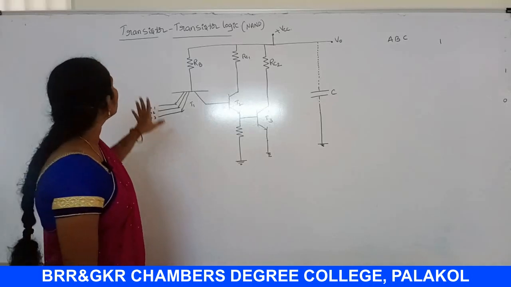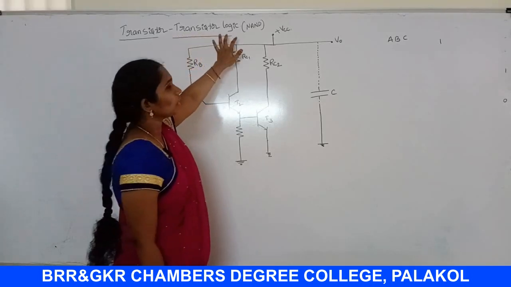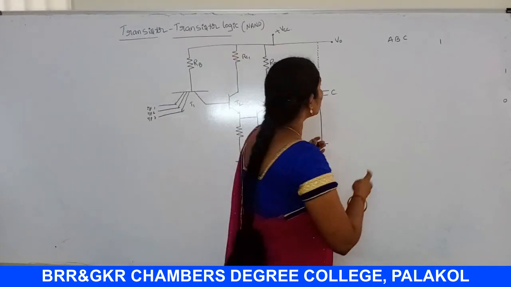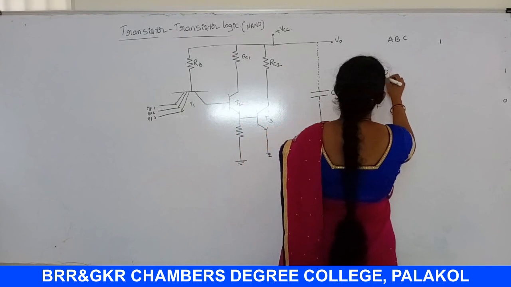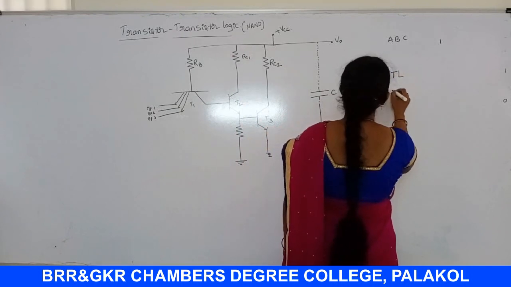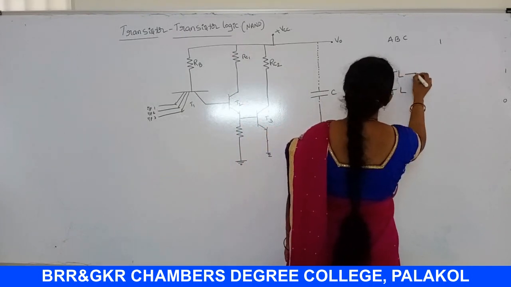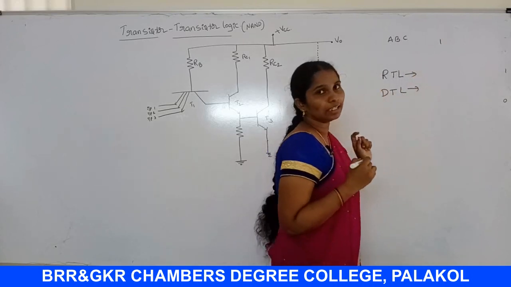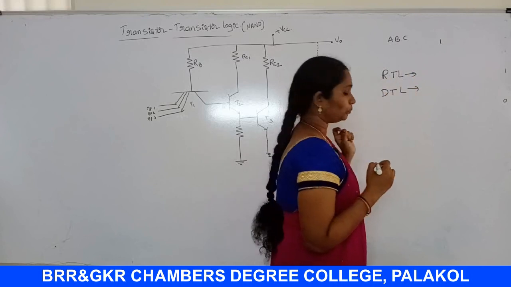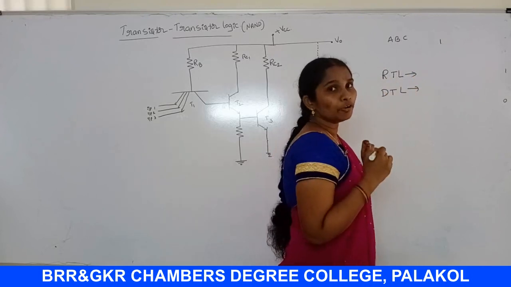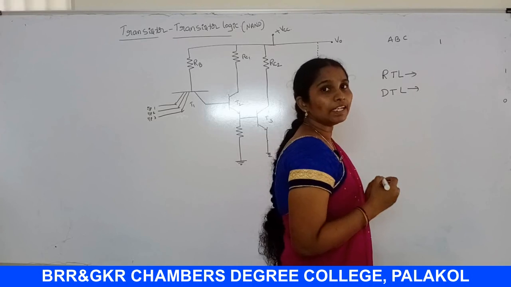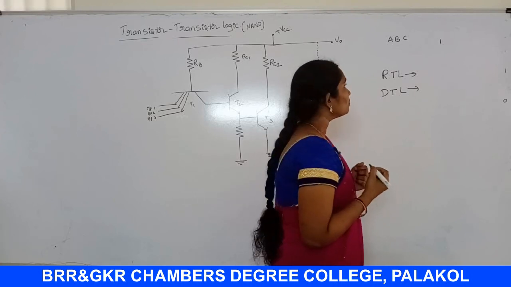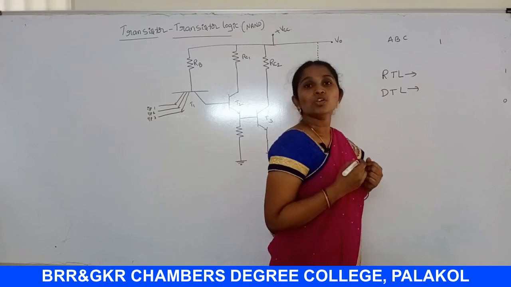Now the next logic is the transistor logic. In our previous discussion we covered RTL and DTL, and they have some drawbacks. In RTL, the fan out is very low, the speed is very low, the propagation delay is more, and the power consumption is very high.